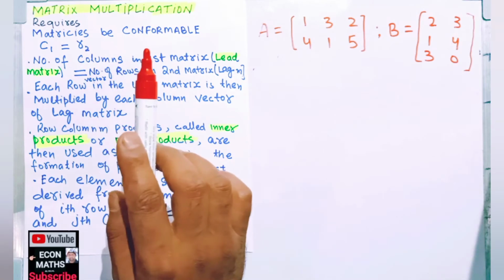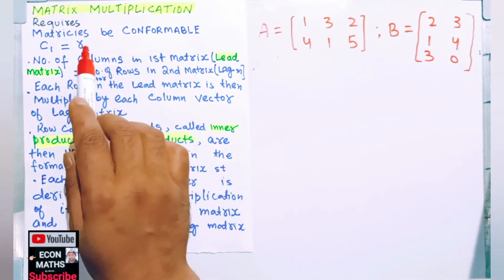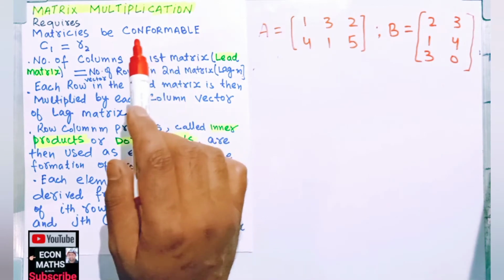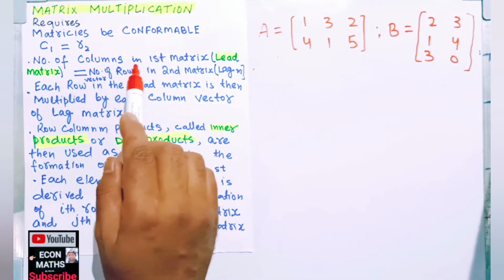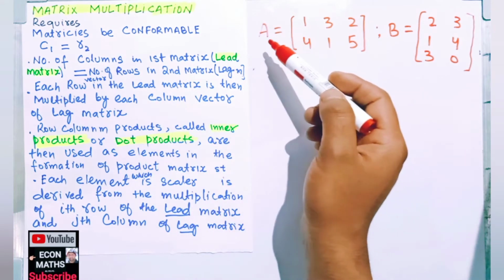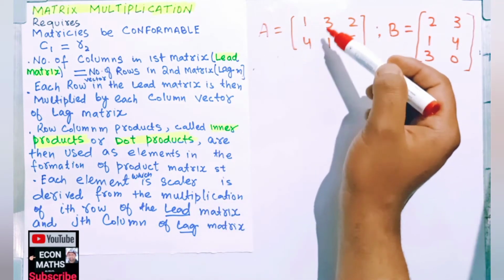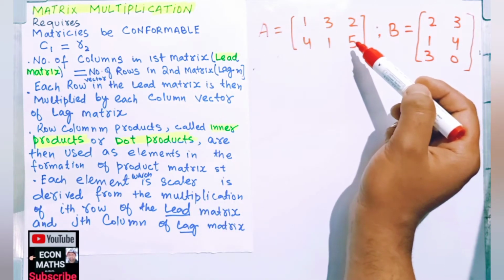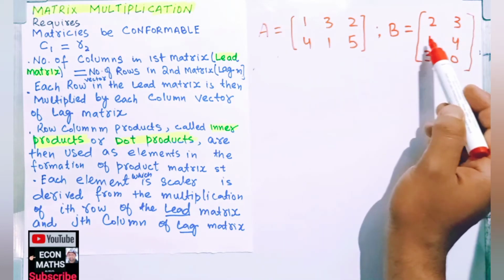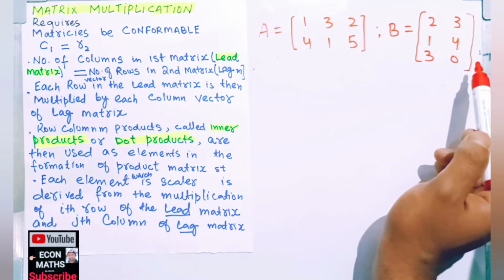Matrix multiplication requires, as the first condition, that matrices must be conformable. Conformable means that if we are given two matrices, A matrix and B matrix, then the number of columns in the first matrix, which is also called the lead matrix, must be equal to the number of rows in the second matrix, which is called the lag matrix.